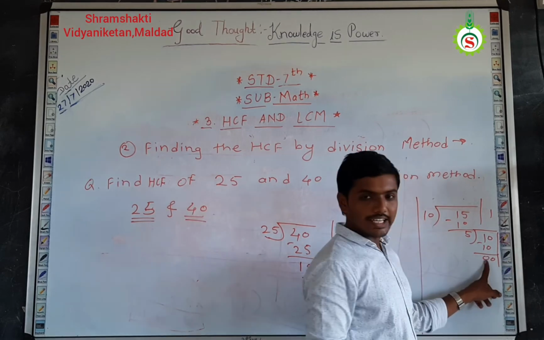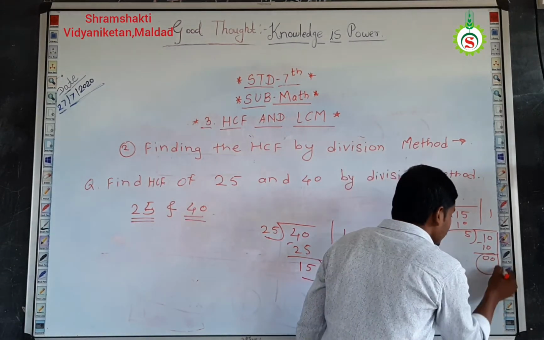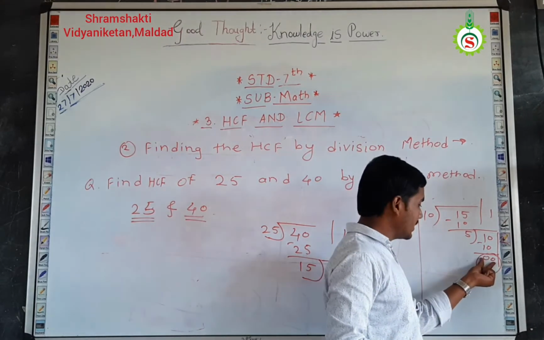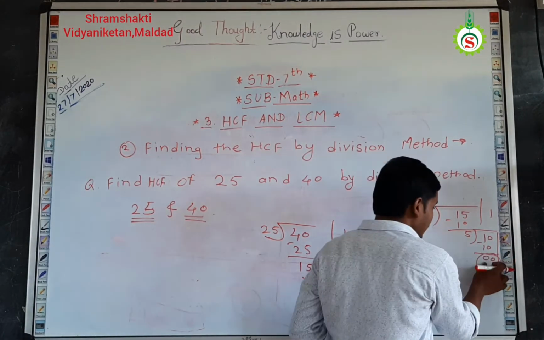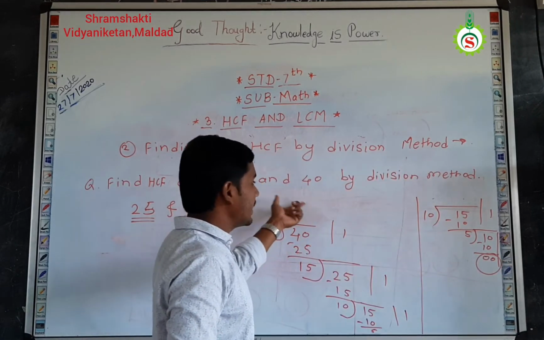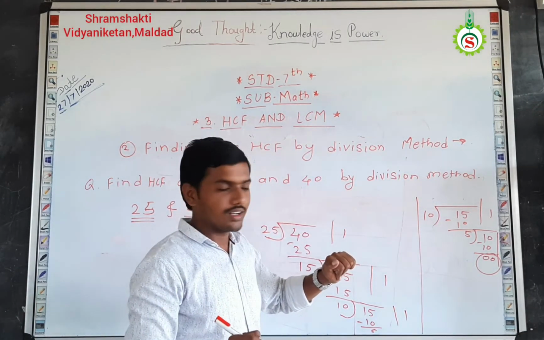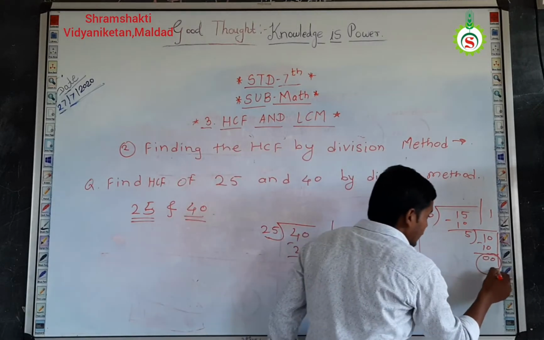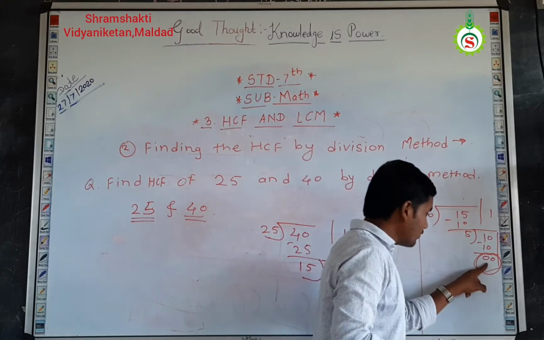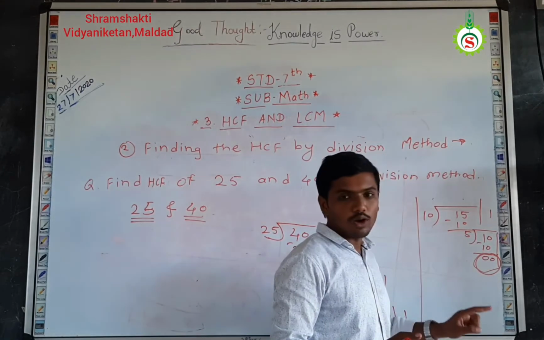That means you get the remainder as a 0. So if you get the 0 as a remainder, then our process of finding the HCF is over. Now you get the 0, that means you have to stop here. So if I get the 0, I have to stop here.